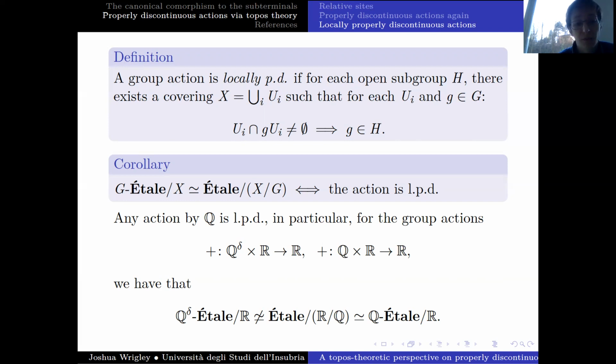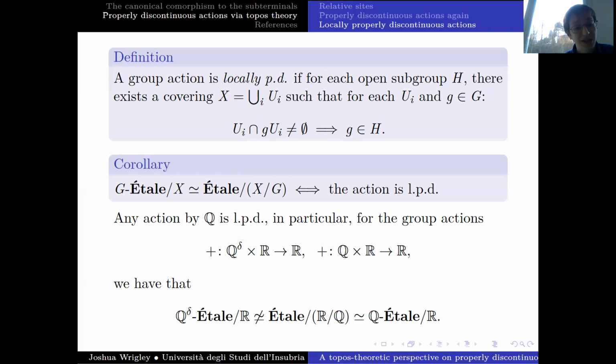And so any action by Q with the Euclidean topology is locally properly discontinuous. In particular, if we consider these two group actions, the first by the discrete rationals by addition, and the second by the Euclidean rationals by addition on the space R, then we have an inequivalence of toposes, because the first action by the discrete rationals is not properly discontinuous.